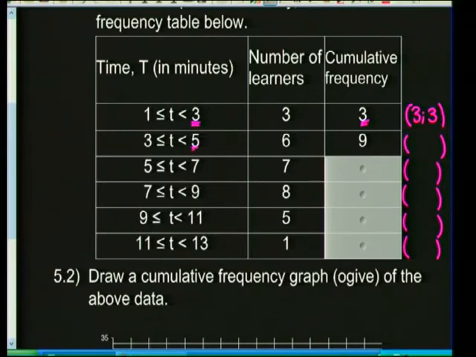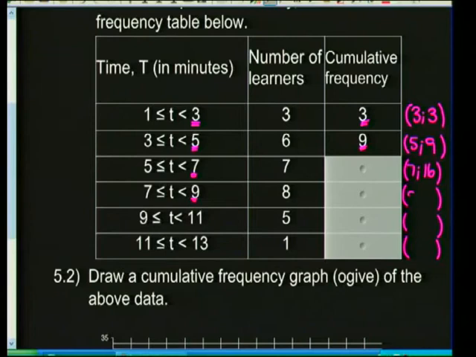The upper limit in this category is 5, so therefore that's going to be my x coordinate, and the y coordinate was 9. Okay. We then had the next one, which was 7, and that cumulative frequency was 16.